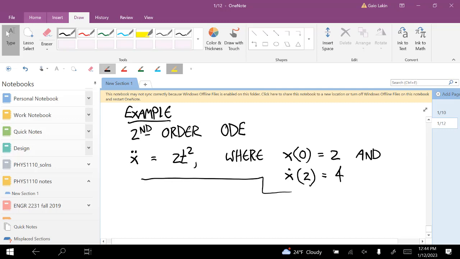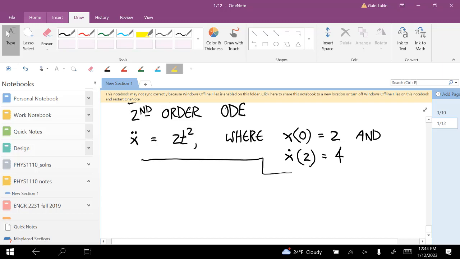Okay, well, I'm going to rewrite this in the d/dt notation. So you can think of this as d squared x over dt squared is equal to 2t squared.